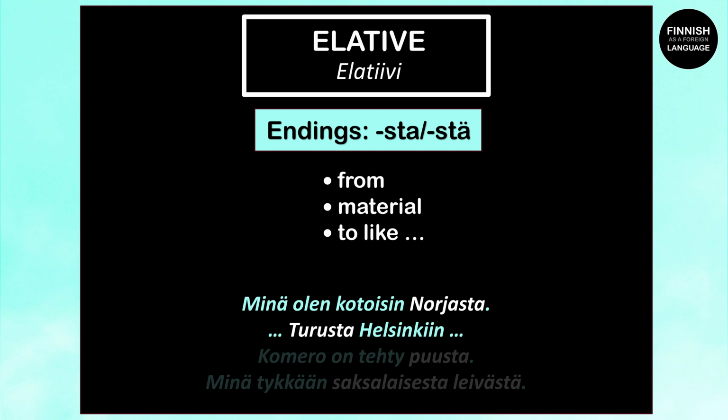So Turusta Helsinkiin means from Turku to Helsinki. Next one, komero on tehty puusta means the closet is made of wood. So here we want to say that the closet is made out of something. That's why we use the elative case. So puusta is the elative case of the word puu, which means wood.